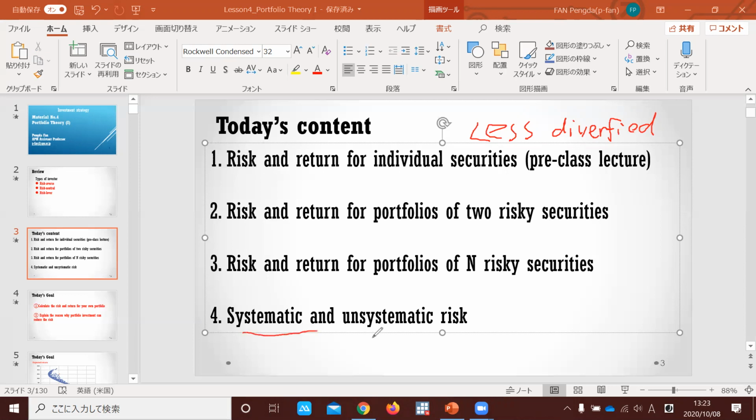And systematic risk is important for well-diversified investors.